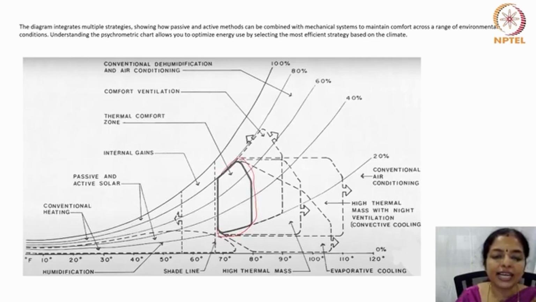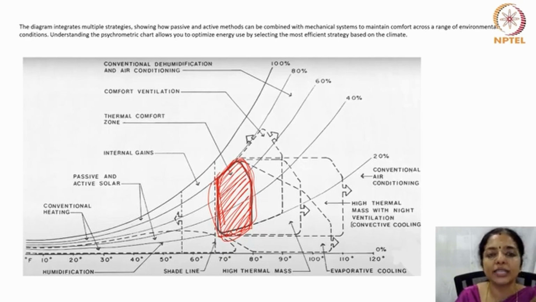It means under these conditions of dry bulb temperature, wet bulb temperature, relative humidity, wind speed, etc., people will feel comfortable. Now, if the room is not having these conditions, then what strategies must be adopted to make the room comfortable?